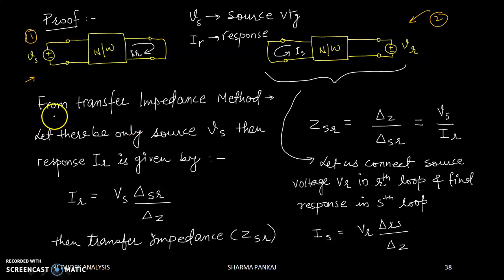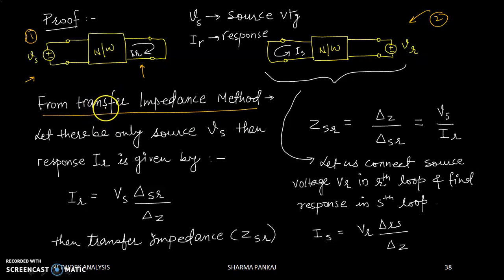Here I have applied the transfer impedance method. This is your Vs. This is your response in one of the loops, that is IR, and this is your entire circuit network, which is of course active, linear, and bilateral.